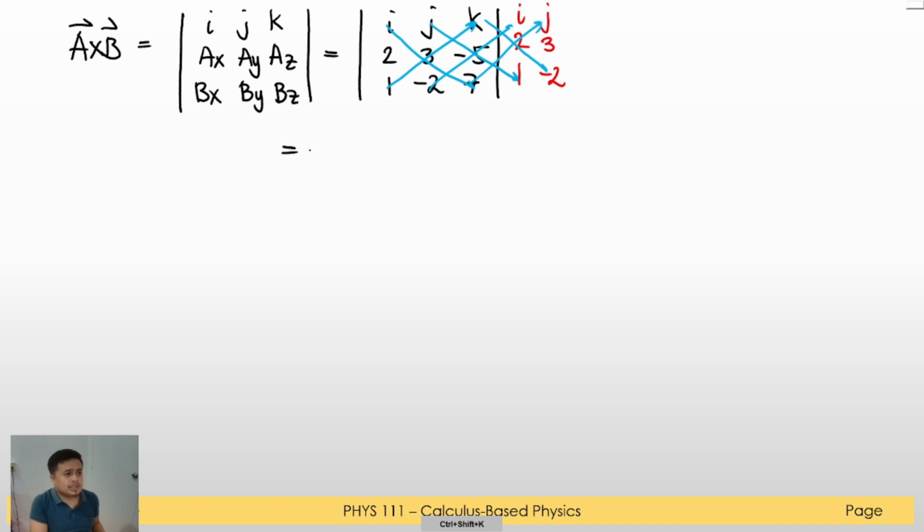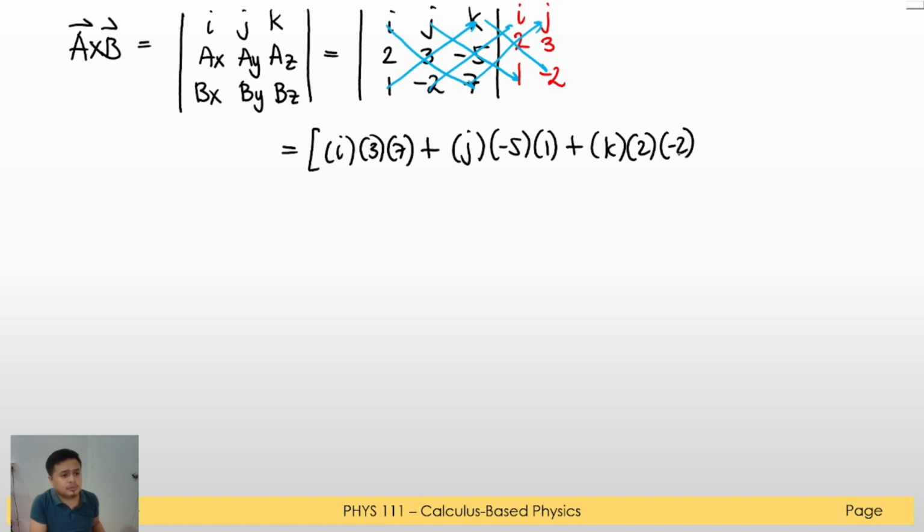So this will be equal to i times 3 times 7, plus j times negative 5 times 1, plus k times 2 times negative 2.